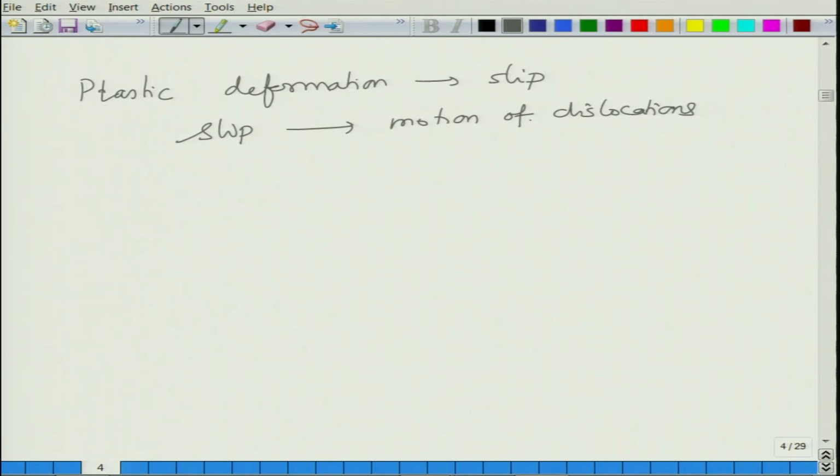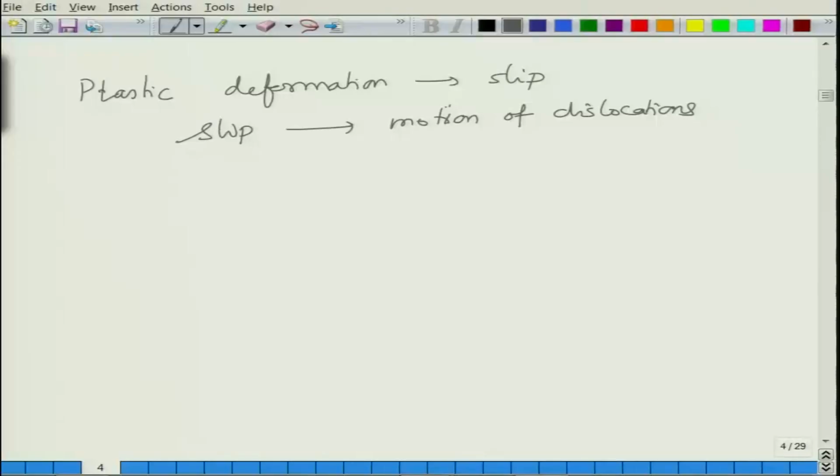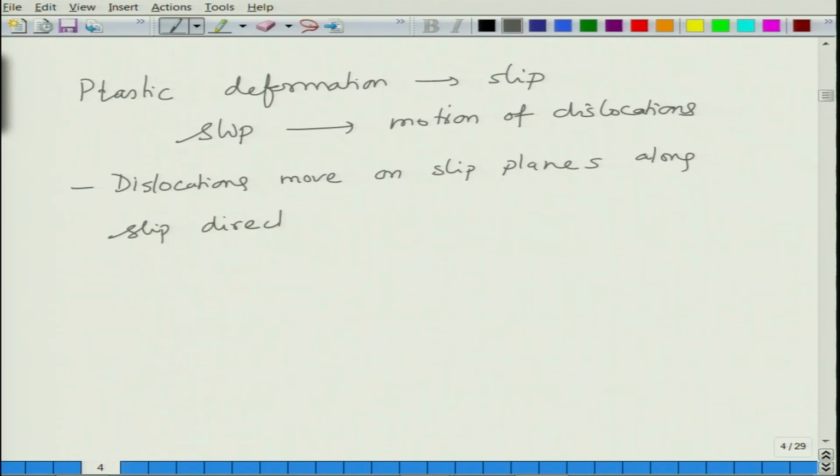Experimentally observed values are much lower, and they happen by the presence of these defects called dislocations. So, basically dislocations move on slip planes along slip directions, which are also defined by the Burgers vector.